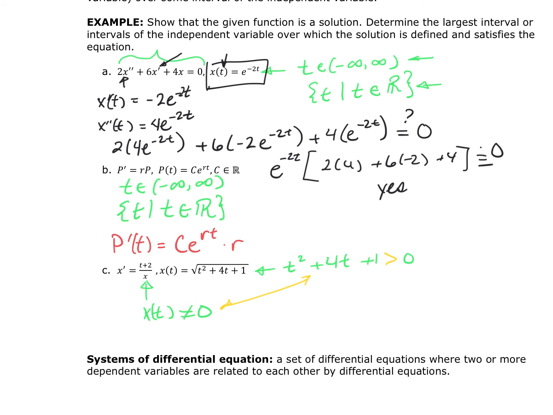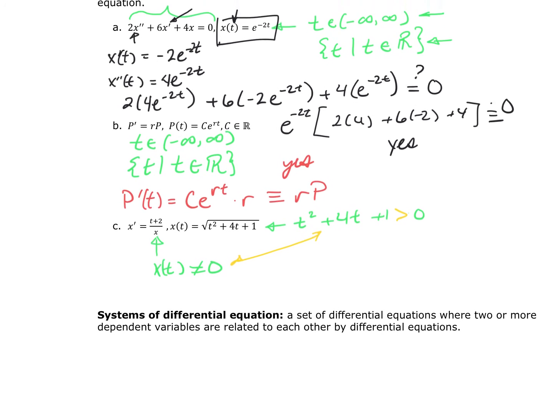So we can see that this first derivative does indeed equal r times our original function. So yes, this is yes. And sometimes these are so easy, you're like, I think I got this wrong, or I'm not sure how to do this. No, sometimes it really is just this easy.